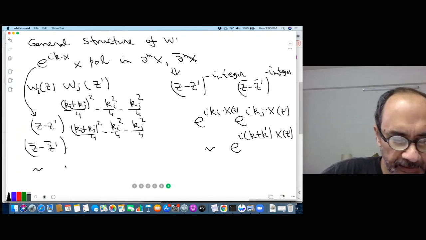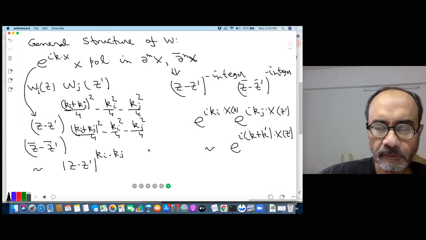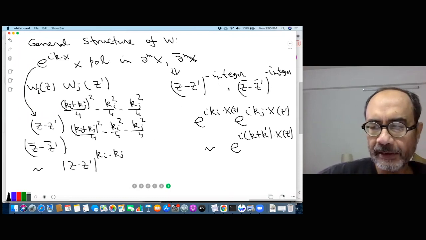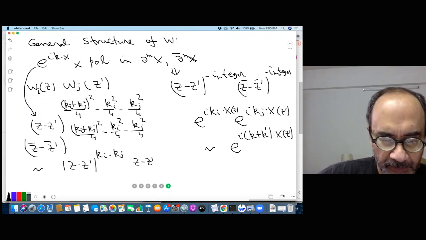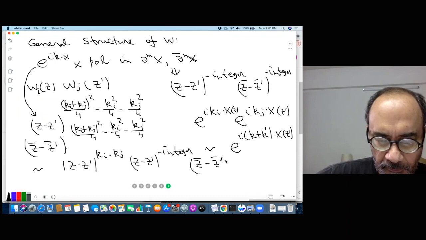So this roughly is mod z minus z prime to the power ki dot kj. Okay. And these give you some integer powers. Okay, so z minus z prime to the power minus integer, z bar minus z prime bar to the power minus some integer.